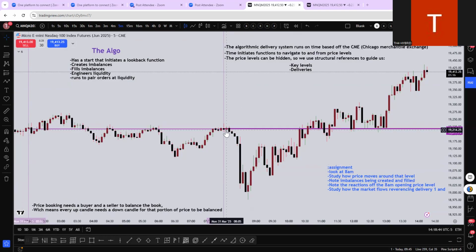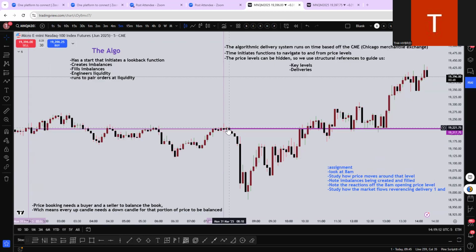So imbalances are if we have a start time here and we have multiple down candles. This creates an imbalance because there's no up candle down here. We reference price booking needs a buyer and a seller to balance the book, which means every up candle needs a down candle for that portion of price to be balanced.